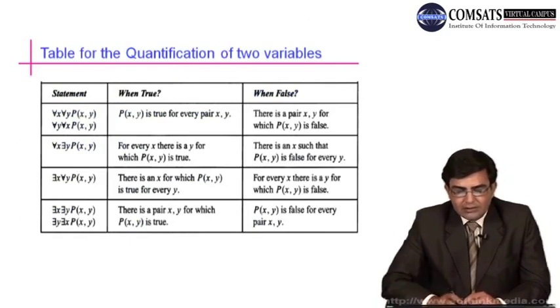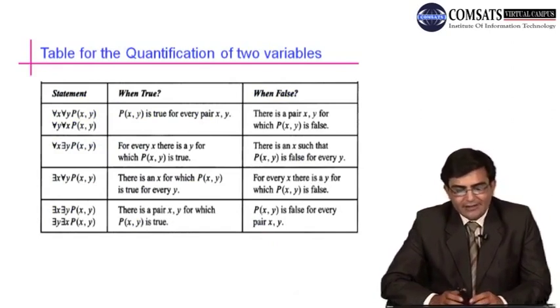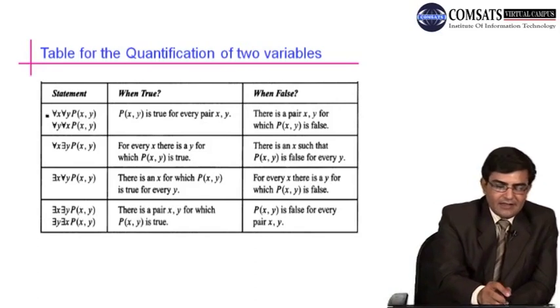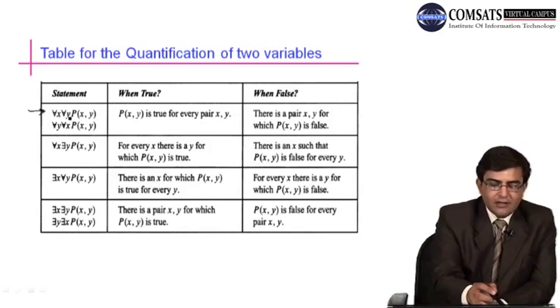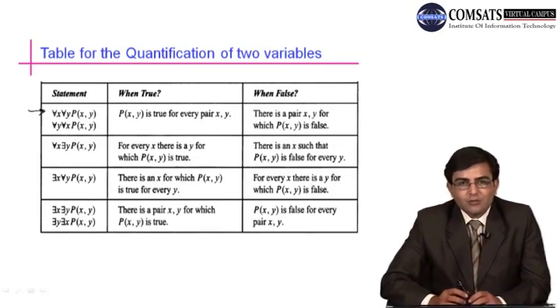Now a table which will clear up what is the truth value of multiple quantified statements, when they are true and when they are false. Table for quantification of two variables. If the statement is like this: for all x, for all y, P(x, y), it is true when P(x, y) is true for every x and every y.